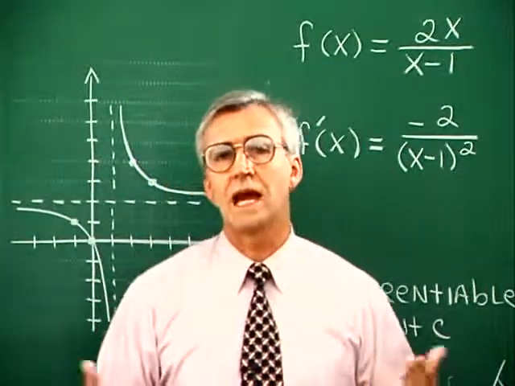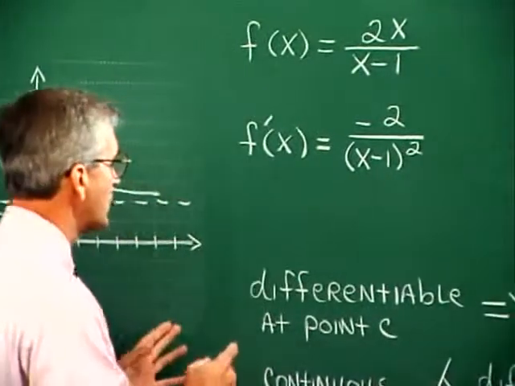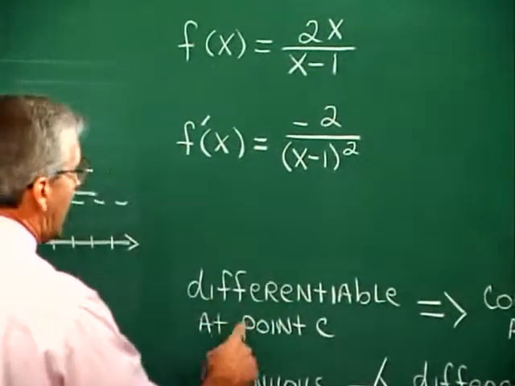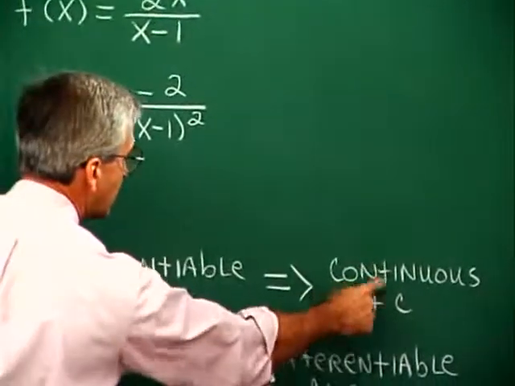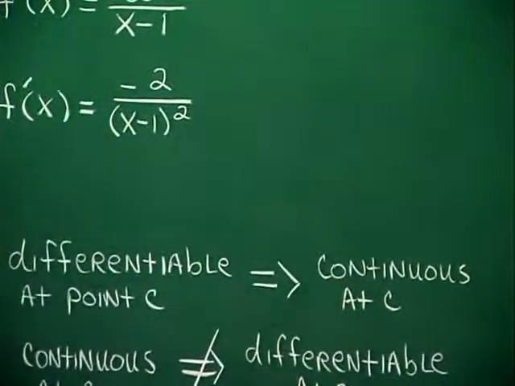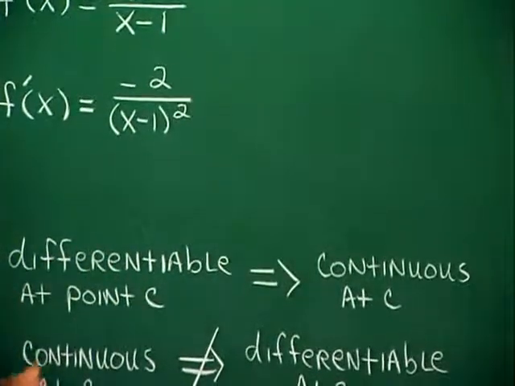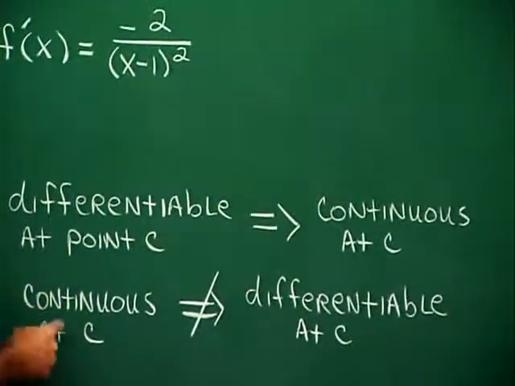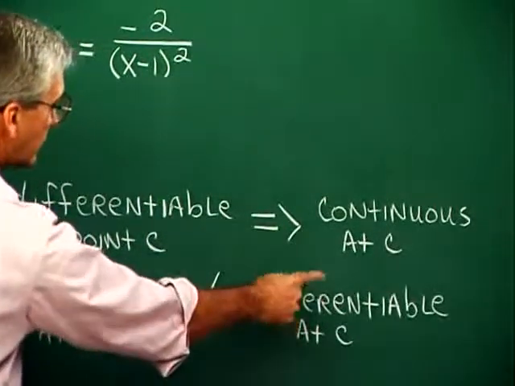Now, the idea generally is this, that if a function is differentiable at a point c, then the function will by necessity be continuous at c. But the opposite doesn't work the other way around. Just because a function is continuous at c doesn't necessarily imply that the function is differentiable at c.